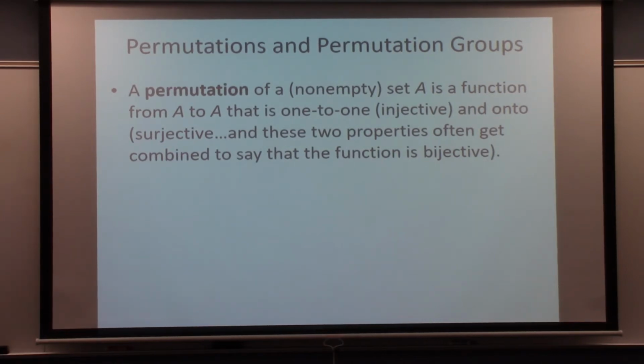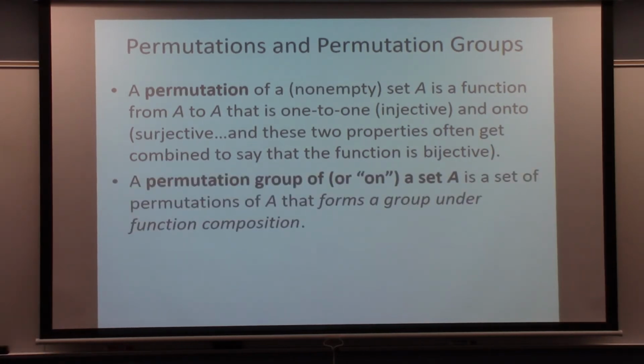But we'll usually use one-to-one and onto. A doesn't have to be a finite set. A could be an infinite set. We can talk about permutations of infinite sets, but we're more interested in A being a finite set, and most typically the set 1, 2, 3, etc. through n.